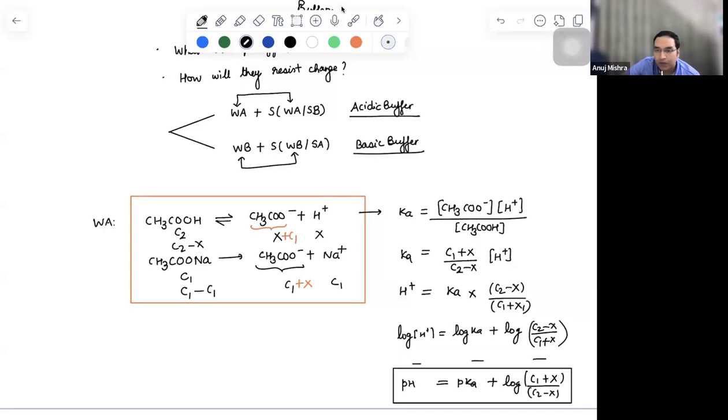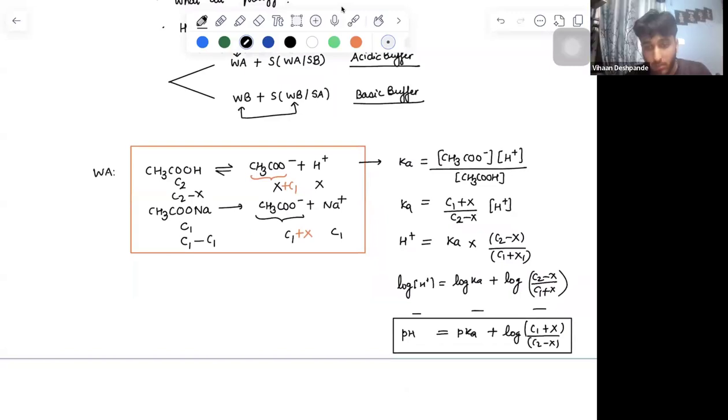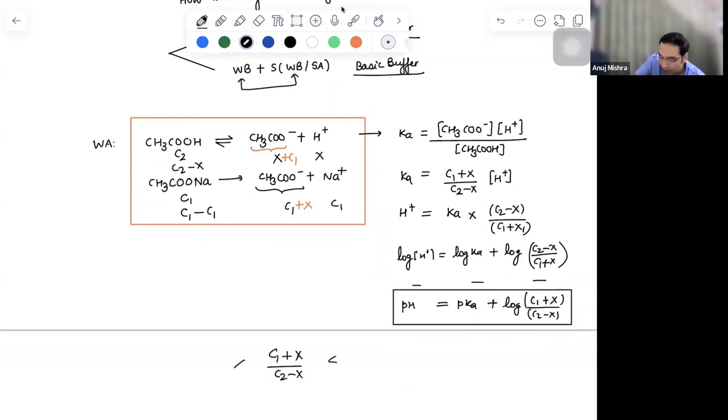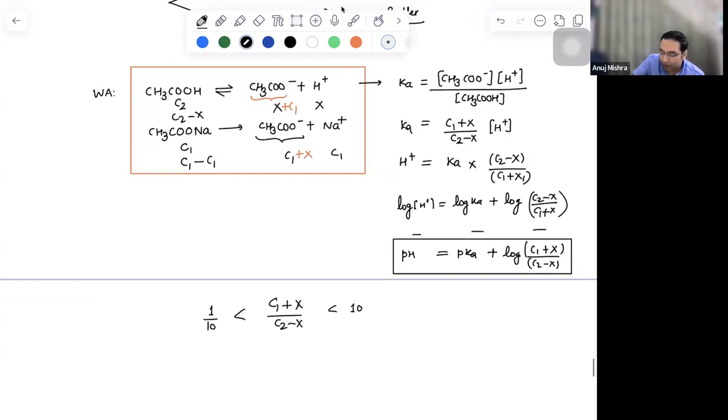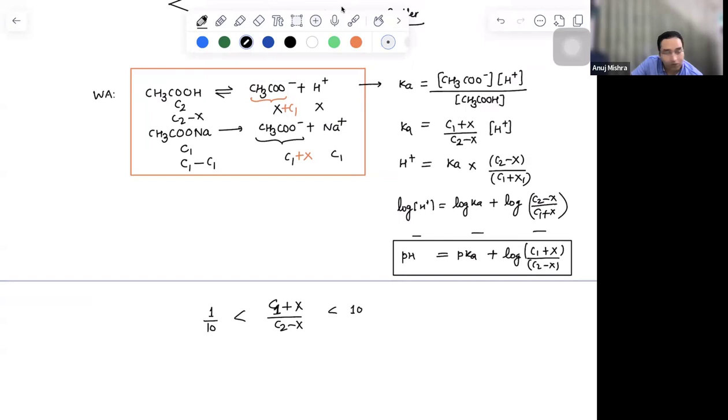Going further. What is the range in which this will have the buffer range? We can say that C1 plus x divided by C2 minus x should lie within the range of 1 by 10 to 10. Why? Because log 10 is 1 and log 1 by 10 is minus 1. Is it clear? Tell me, if this value C1 plus x upon C2 minus x is in this range, so can we say that if the change is not huge, right?